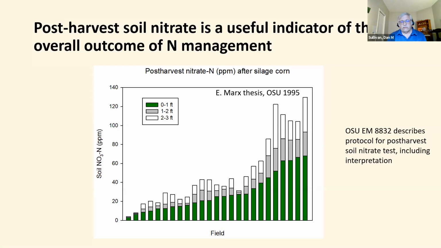So this kind of information would be used as feedback to guide future applications. By the fall, we can't do anything about this year. This nitrogen you see here is going to leach, but we can kind of use this as an indicator of whether our system's in balance or not.